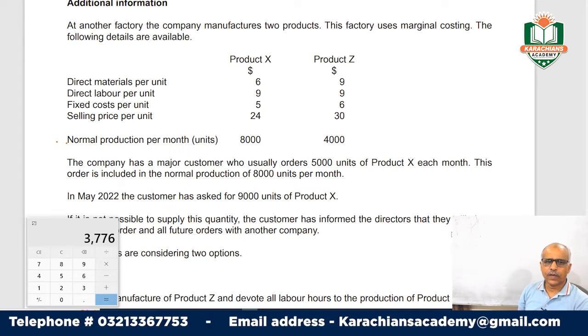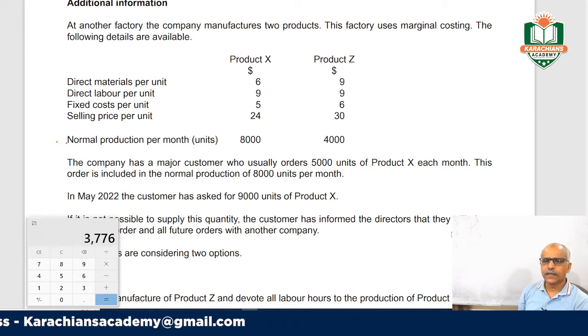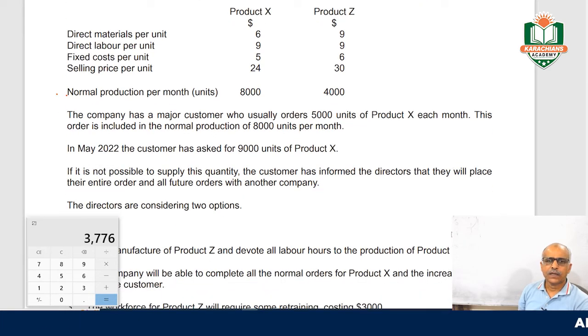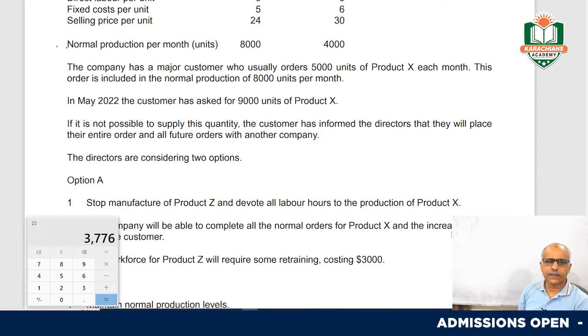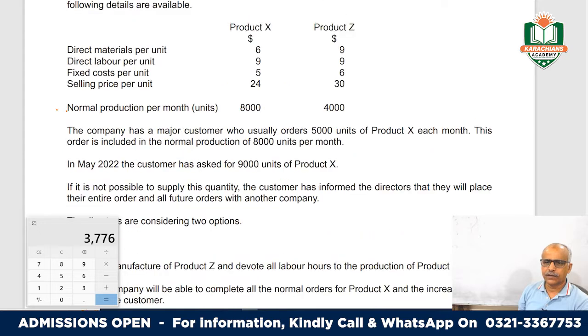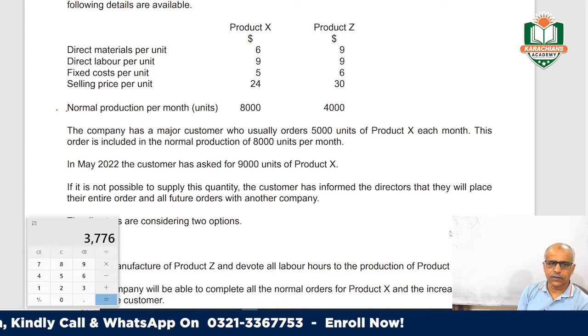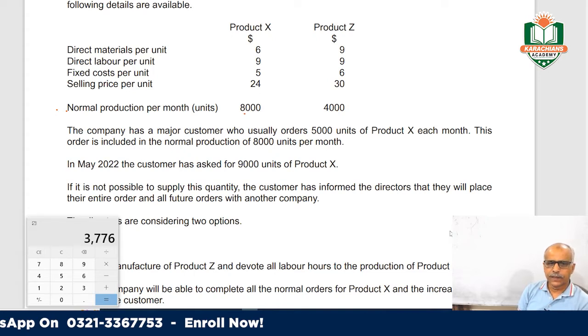So normal production per month is 8,000 for product X and 4,000 for product Z. The company has a major customer who usually orders 5,000 units of product X. Important point: their normal production capacity is 8,000 and 4,000.